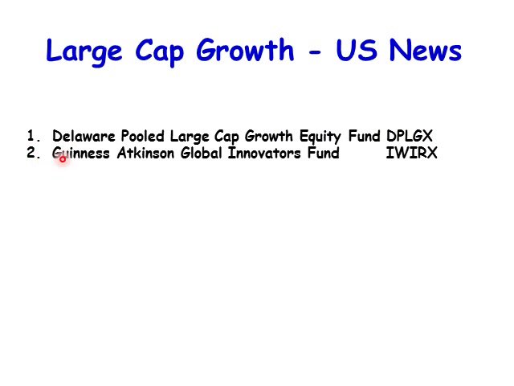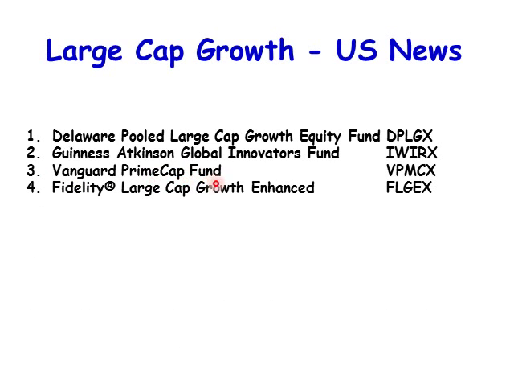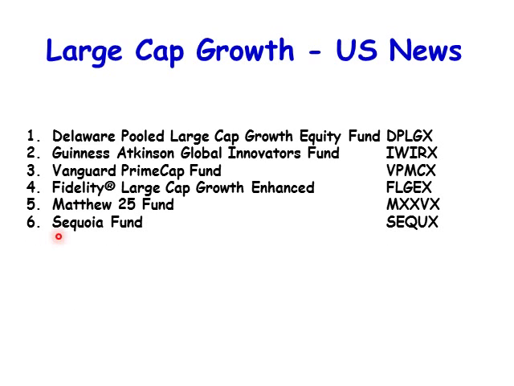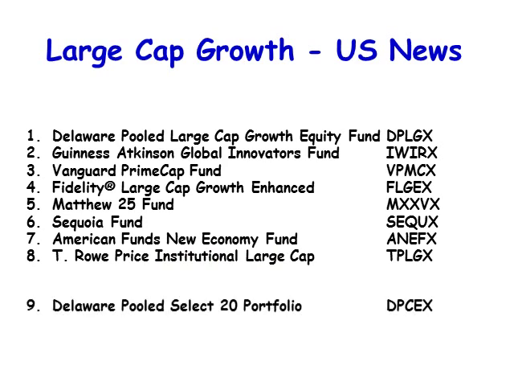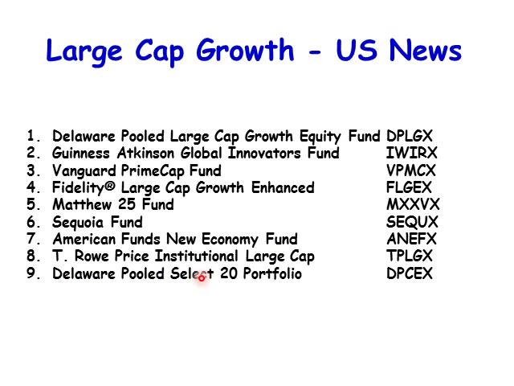Then we picked Guinness Atkinson Global Innovators Fund, Vanguard PRIMECAP Fund, Fidelity Large Cap Growth, Matthews 25, Sequoia, American Funds New Economy, T. Rowe Price Institutional Large Cap, Delaware Pooled Select 20, Fidelity New Millennium Fund.